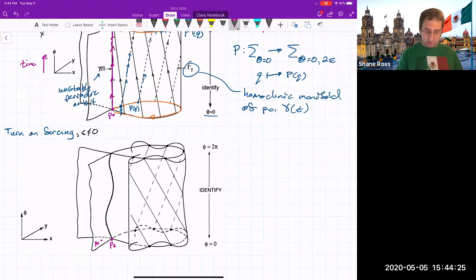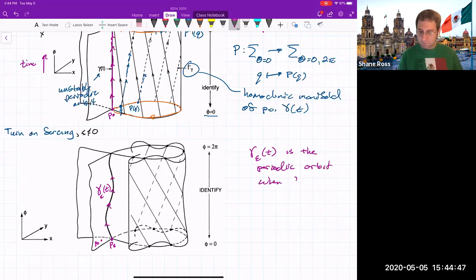Now we've got P epsilon, but there's still a periodic orbit. Maybe we'll call that gamma sub epsilon T. So gamma epsilon T is the periodic orbit, still unstable when forcing is present.